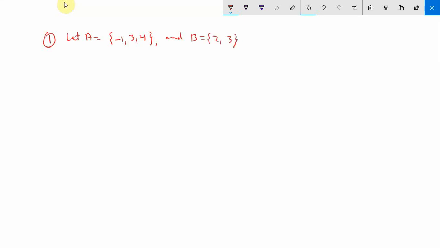So we have to represent A into B graphically. Okay, so how will we represent this?